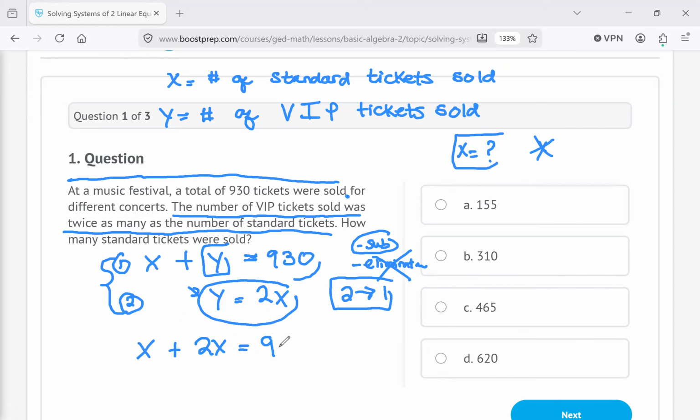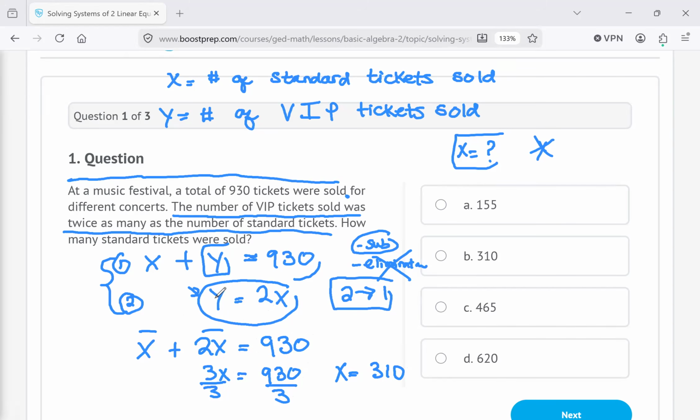Equals 930. Okay, that's much better now because now you can simplify this. What's 1x plus 2x? 3x equals 930, and then divide this by 3. And I get x equals 310. We do not have to solve for y.